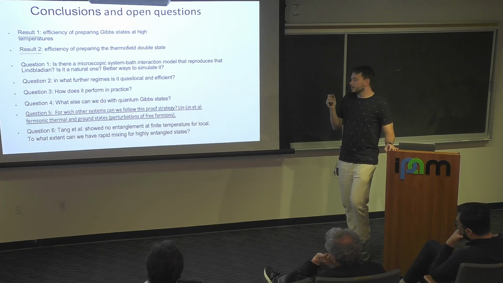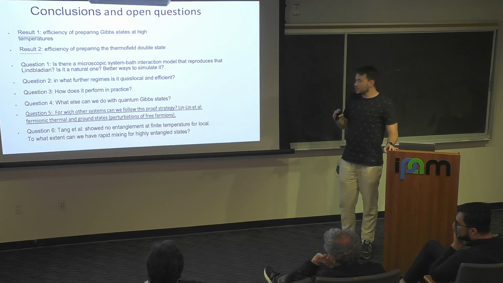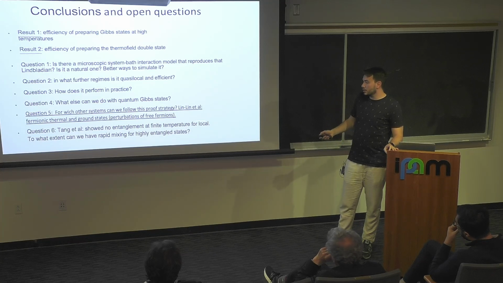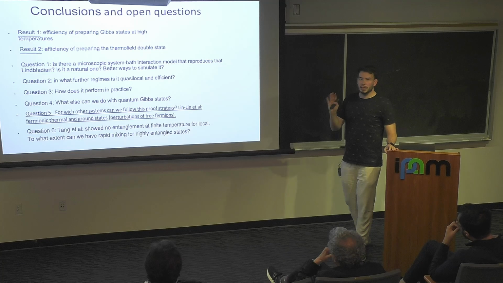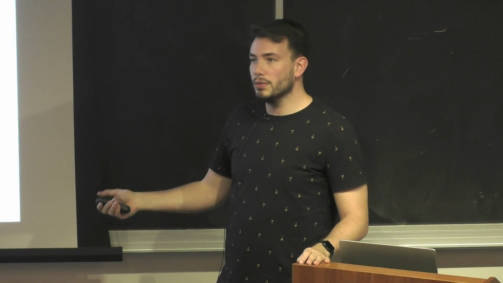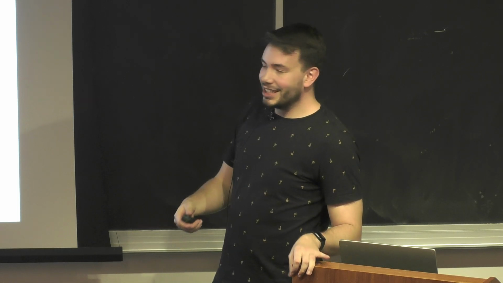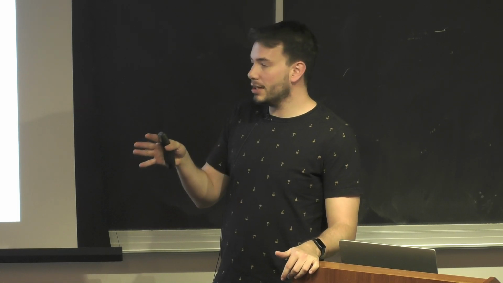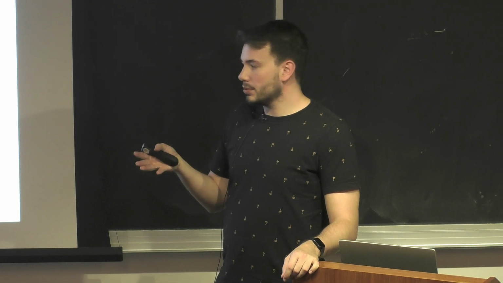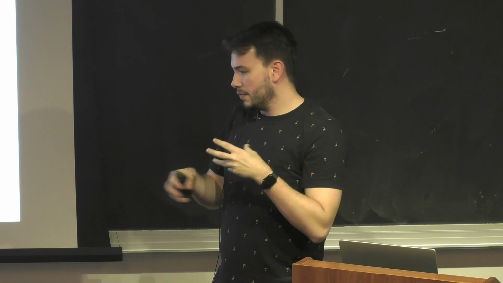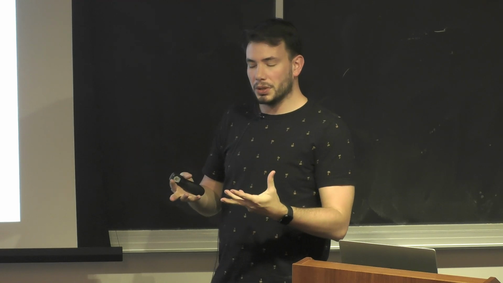So the regime where we can show rapid mixing scales a bit better in certain parameters than what they can do. So we can certainly go to temperatures they cannot go for certain systems and certain limits. But this does not mean that the regimes we can cover contain entangled states or states that have very complex quantum correlations.